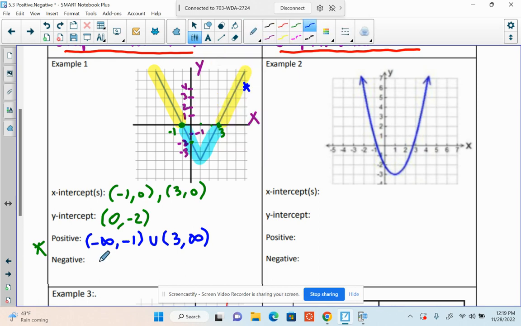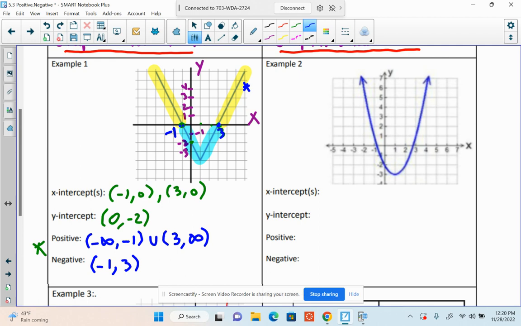So from x equals -1 to x equals 3, for those x values from x equals -1 all the way over here to x equals 3. But again, we're not including those values. The -1 and the 3 are not included because they're where the y values equal 0.